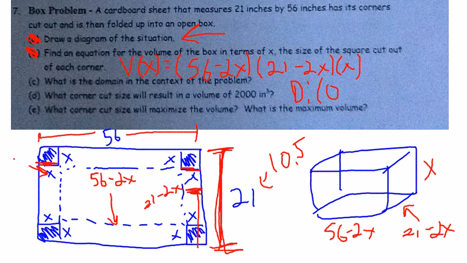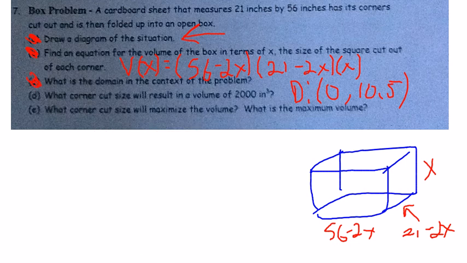And then I wouldn't have enough to cut out a corner from this side. So 10.5 is kind of the limit on how far I can go when I'm making this cut if I want to get a box. I could make a cut length of 10, it would just be really tall. It wouldn't have a high volume. So my domain is 0 to 10.5. I'm going to erase this picture, so make sure you're good with it.